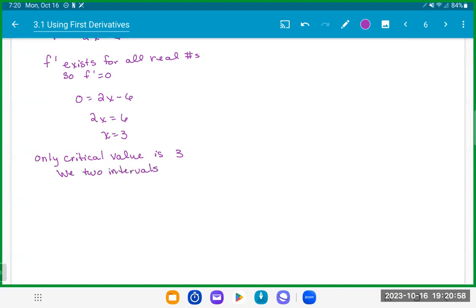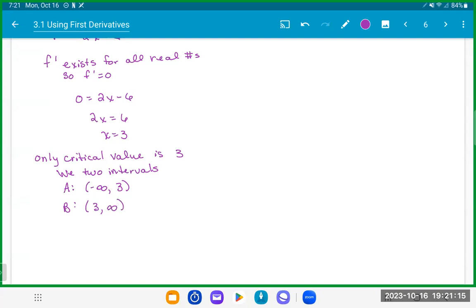So think about that critical value. So we'll say interval A is going to be from negative infinity to the critical value. And our second will be from the critical value to positive infinity.